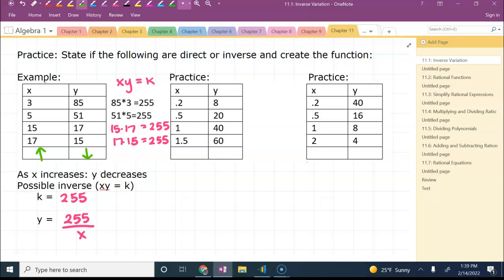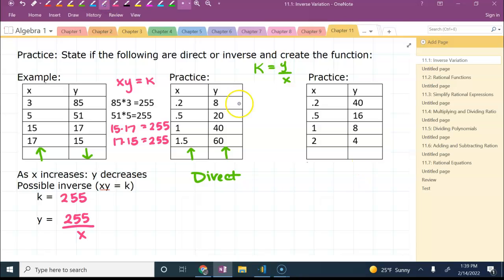For the middle one here, my x's are increasing, and so are my y's. This leads me to believe this is probably going to be a direct variation because they're doing the same thing. They're both increasing. So remember, for a direct variation, it's y equals kx. So in order to solve for your k, you're going to want to take your y values and divide by your x's.